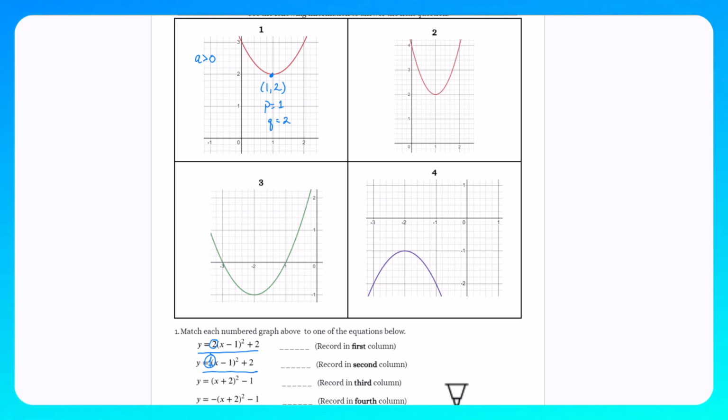Well, we need to look for another graph opening up that has a vertex of (1, 2), and that just happens to be this one. Again, A is greater than 0.